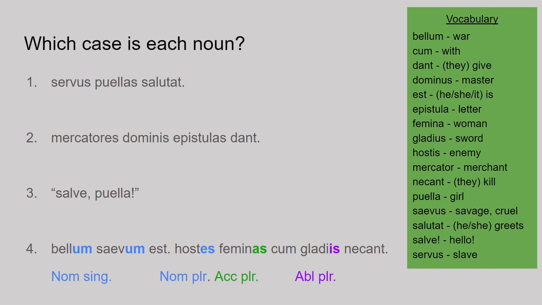The second sentence has hostes as the nominative plural, and again I'm using the plural verb to tell me that my nominative must be plural, and this is the only option that can be. Feminas has to be the accusative plural, so the women are the object of the sentence, and gladiis is the dative or ablative plural. Since cum means with, I know that gladiis is the ablative case, as that's one of the translations I can use for an ablative. So this sentence means the war is savage. The enemies kill women with swords.